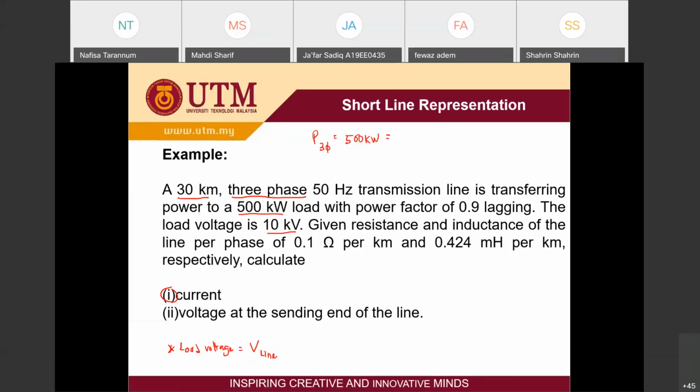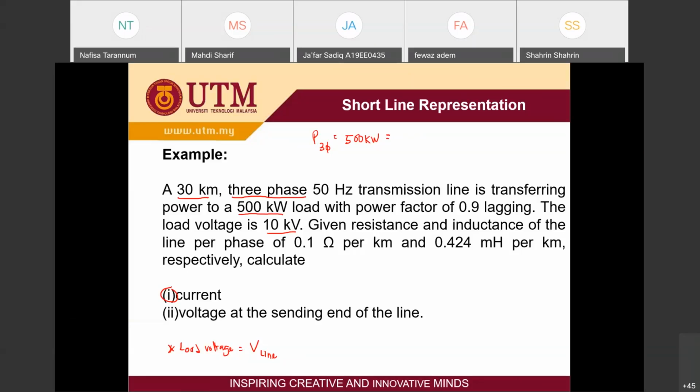Is it V phase or V line? Okay, anyone? V line. Okay, yes, you are correct. 240 volt is your V line.